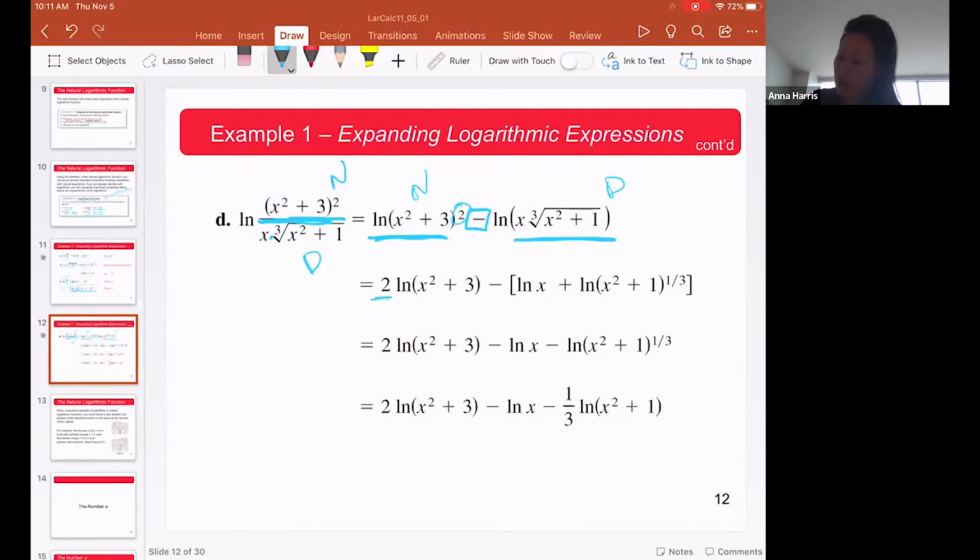Next one. Over here, you have to rewrite this problem to be what? 1/3. So I'm going to just rewrite this one. That would be natural log of x times x squared.